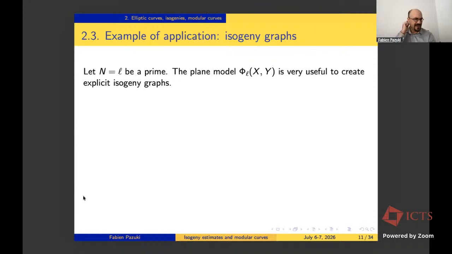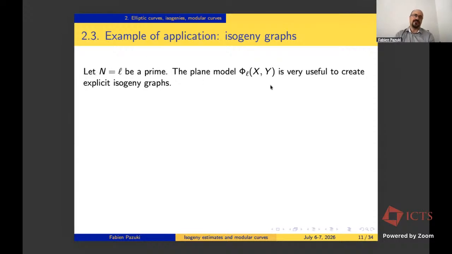I will give you an example of application, and that's the isogeny graph. Let's imagine that I do have this plane model, that I can compute this phi L. So L is a prime now. I decide for this slide to fix the level, so the degree of the isogenies in the game, to be a prime number.